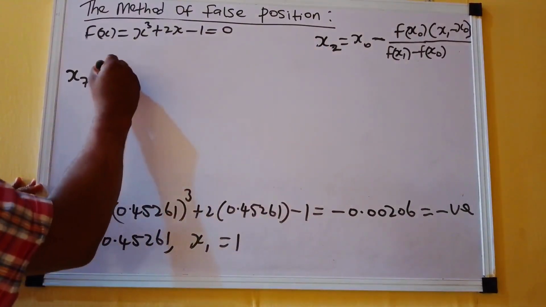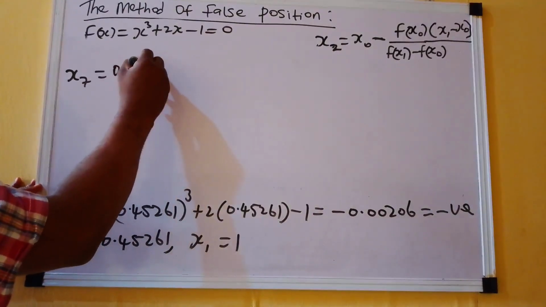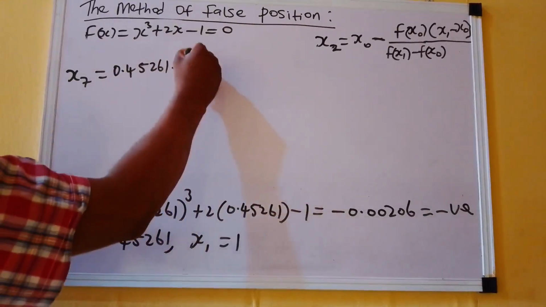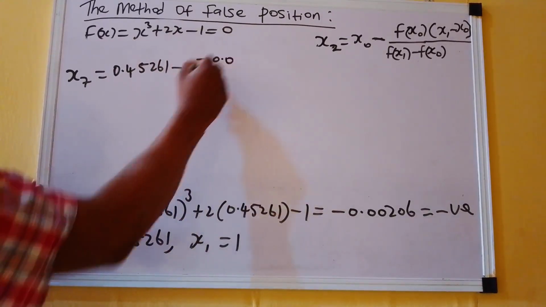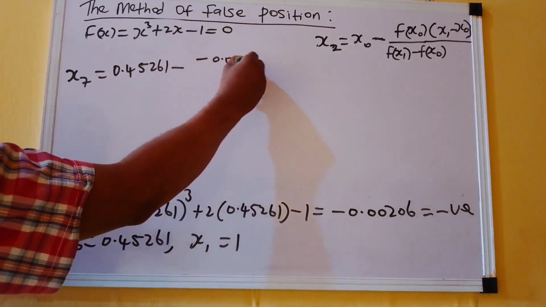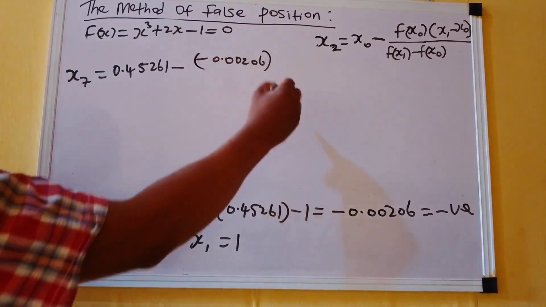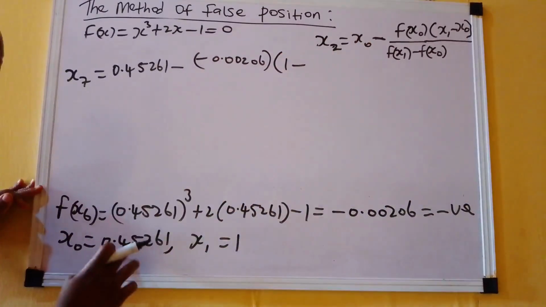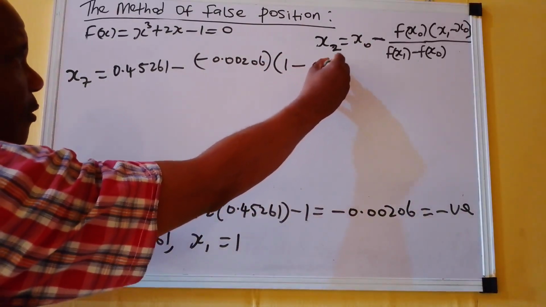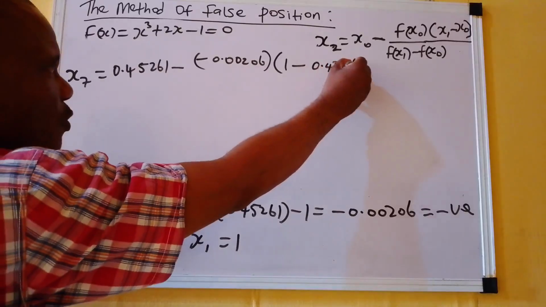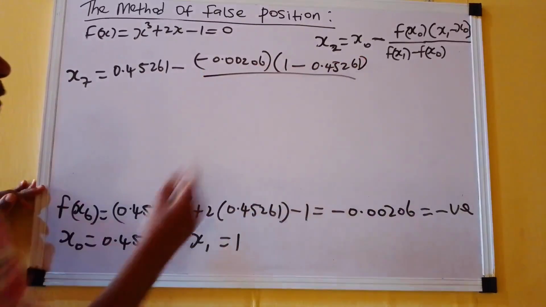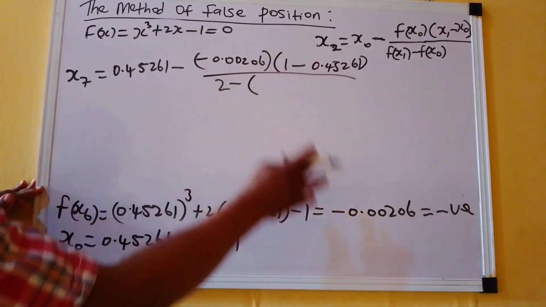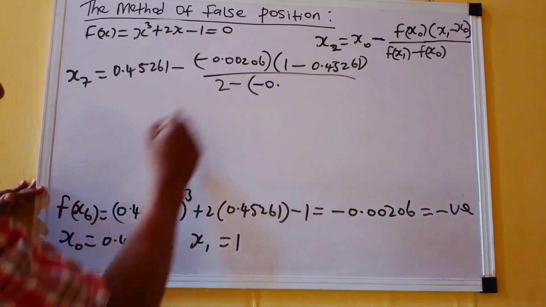Our x0 is 0.45261, minus f of x0, which is minus 0.00206. Then x1 is 1 minus x0, minus 0.45261, all over f of x1 is 2, minus f of x0, which is minus 0.00206.